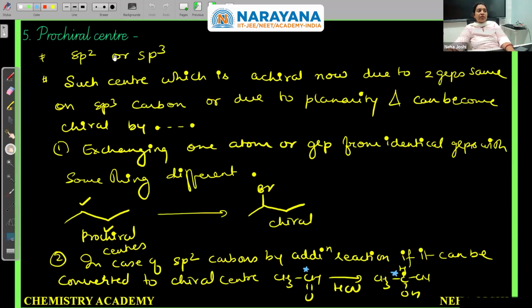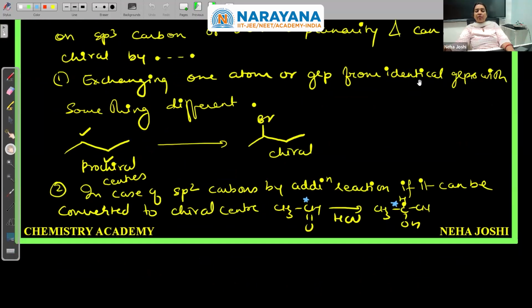Okay. Then comes the prochiral center. It can be sp2 as well as sp3. Such a center which is achiral, due to two groups being the same on an sp3 carbon or due to planarity, and can become chiral by exchanging one atom or group from the identical groups with something different.